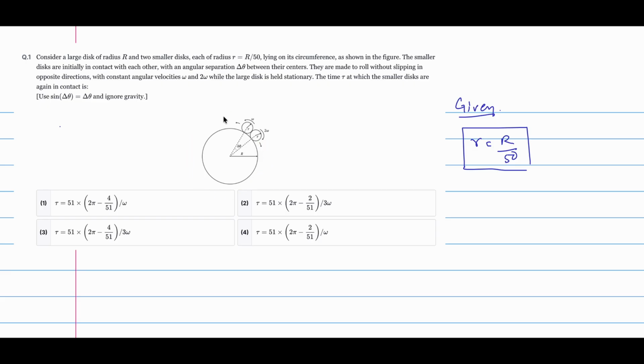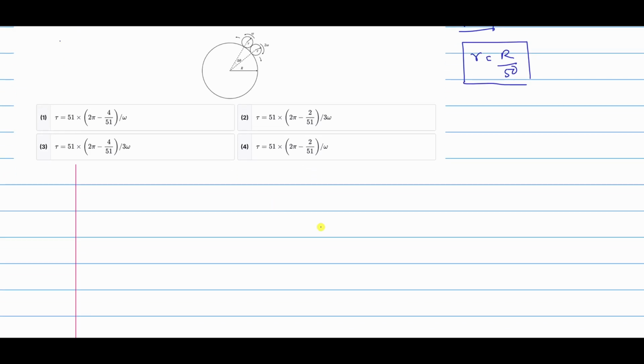Okay, so let's draw this diagram. This radius is R and the smaller radii are small r. This is also small r.